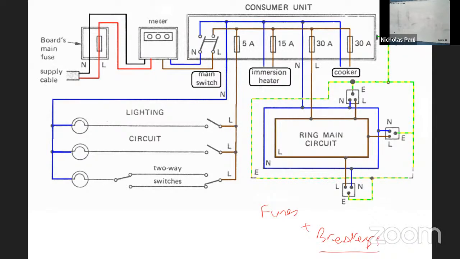On all the live wires, what you have are different amperage fuses. You have a 5 ampere fuse, you have a 15 ampere fuse, 30 and 30. So based on the amount of current being drawn, you'll have to put in the size of the fuse needed.